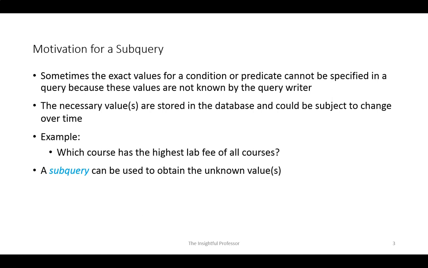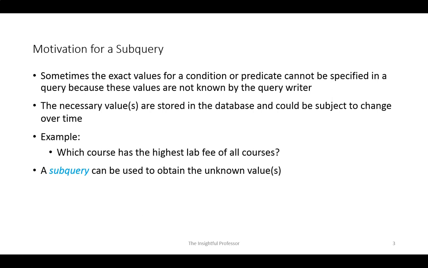So what we need is the ability to construct a where clause or having clause, the two clauses through which we can introduce some kind of a condition or predicate, and allow for these to have effectively an unknown value that is resolved by the system.